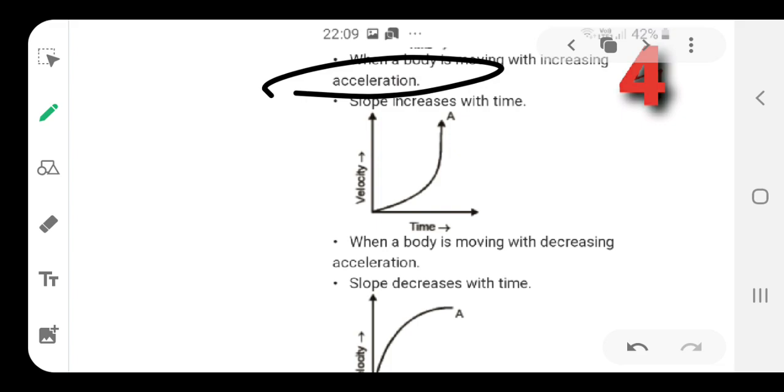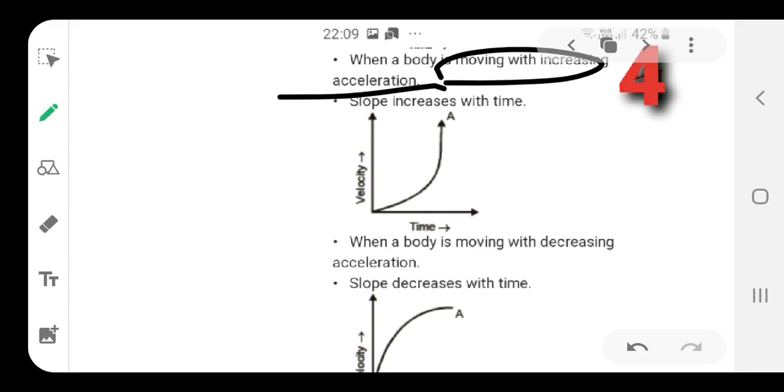So, make sure about them, write them properly, draw them in your copy properly, so you can relearn them after the presentation is over. Here you can see the slope is increasing with time. So, in this case the body is moving with increasing acceleration.